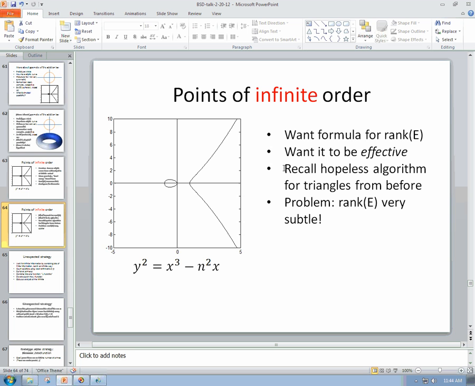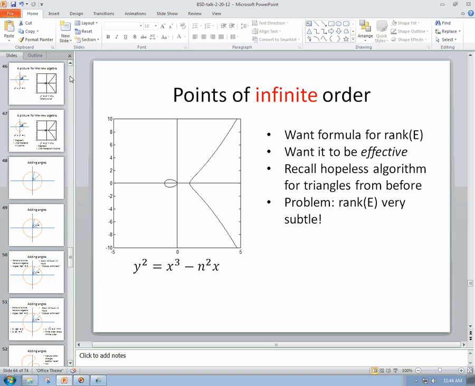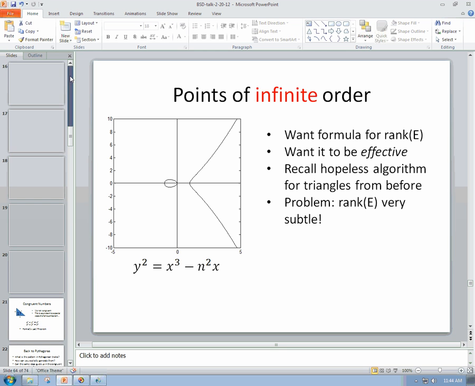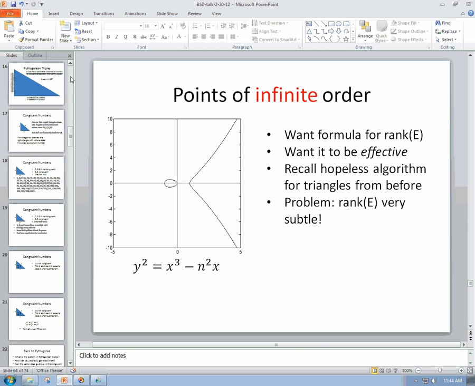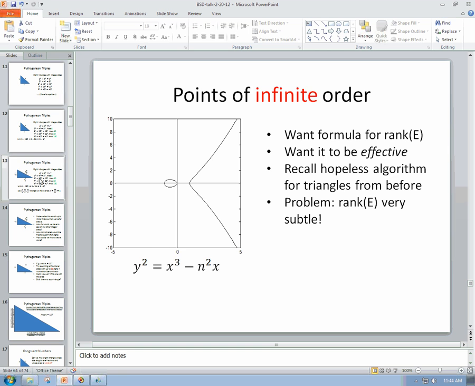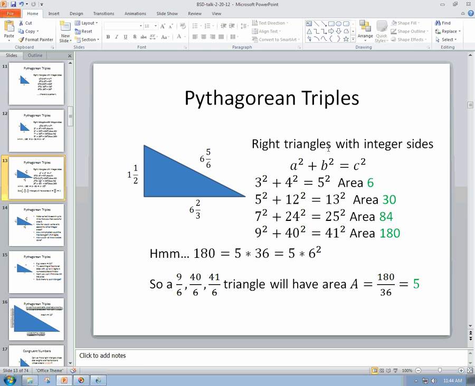That's very much in contrast to the hopeless algorithm for triangles from way before. Remember, we could just list all the Pythagorean triples and try to find a scaled version of a triple that actually created this. Let me go back to that just to emphasize that connection. Remember, we had this strategy of taking triples, and here we found, oh, this had area 180. I'm not looking for area 180.